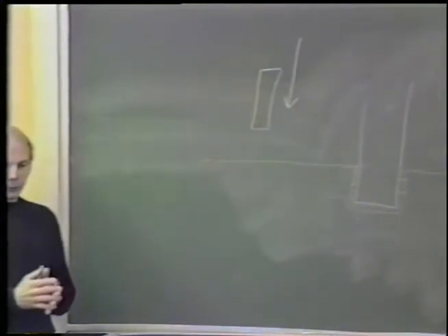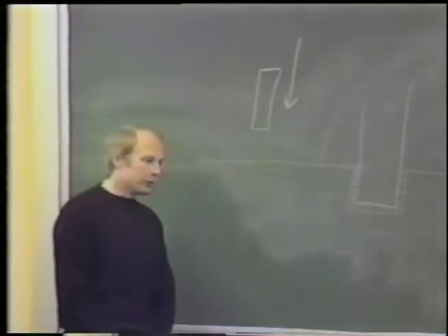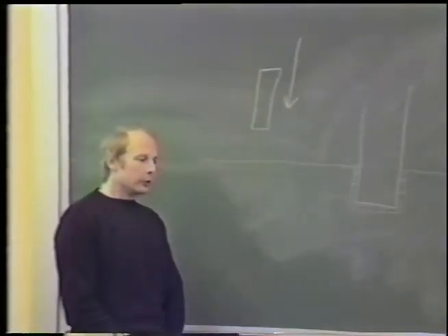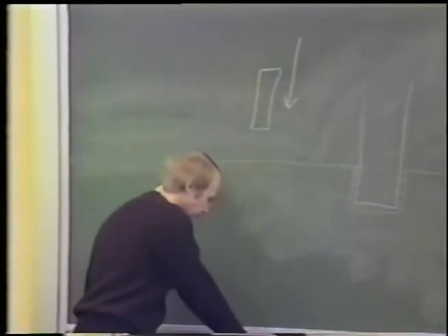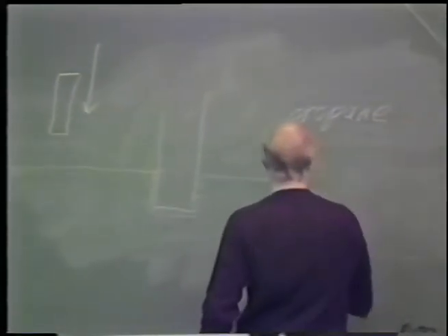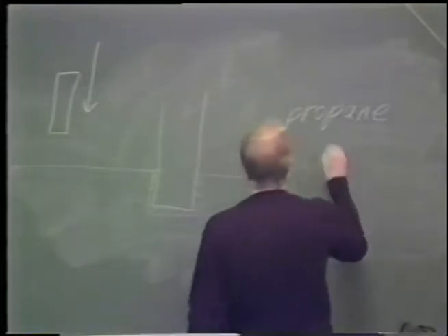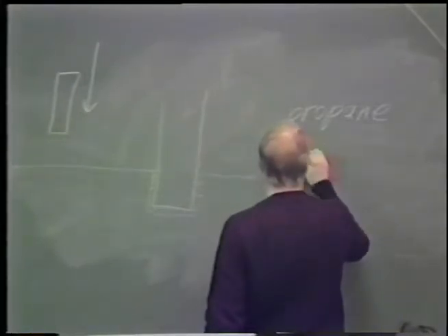Now, the best cryogen that has been in common use is propane. Liquid propane, propane near liquid nitrogen temperature. Propane boils at minus 40.